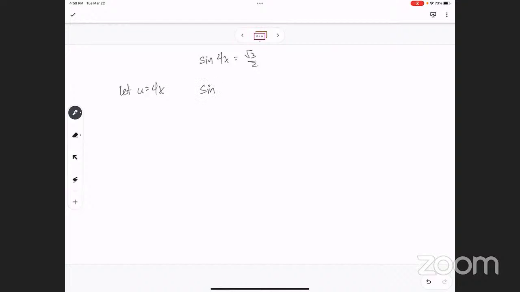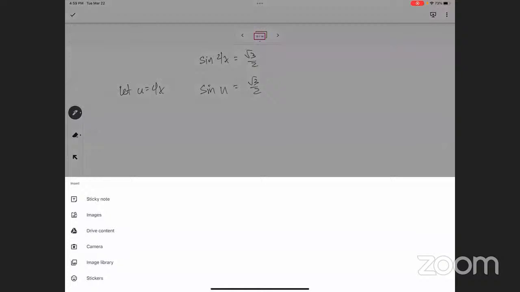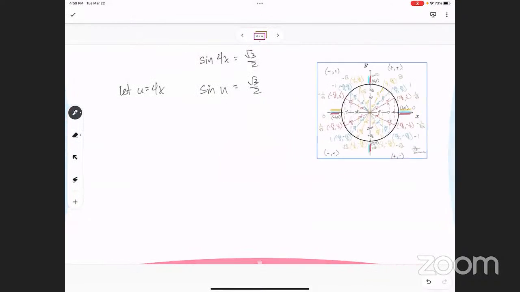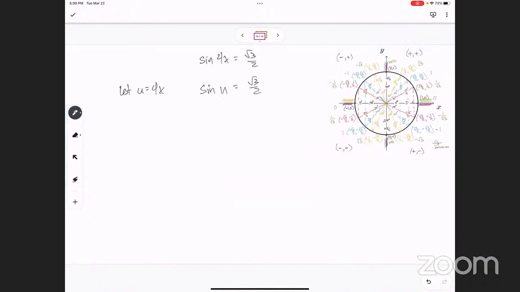If I told you that the sine of u equals √3/2, what would your answers be for that? Think of your unit circle. If I told you that the sine of u equals √3/2. I like that focus, guys. What is it? No, you're wrong.